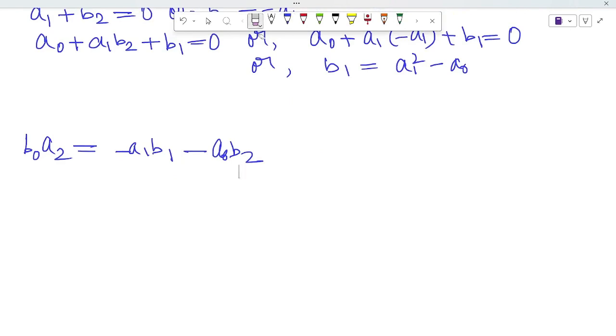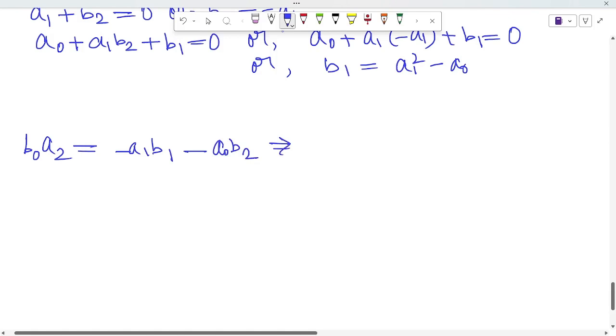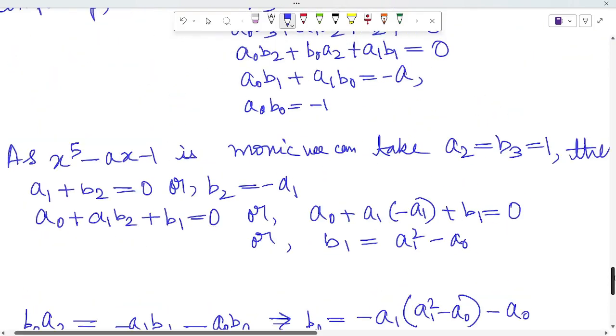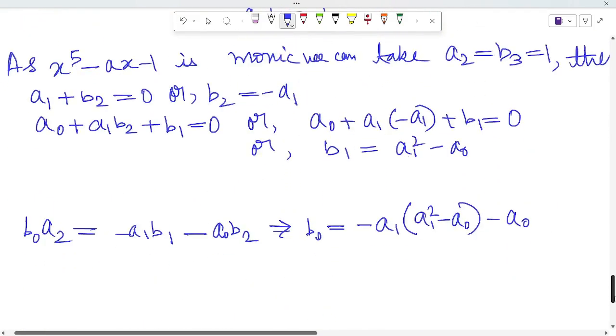But A2 is 1, that implies B0 will be minus A1 B1, which is A1 square minus A0, minus A0 B2. What is B2? B2 I am getting here is minus A1.